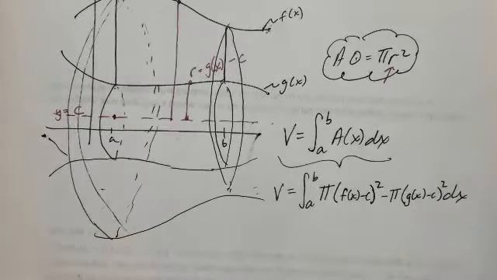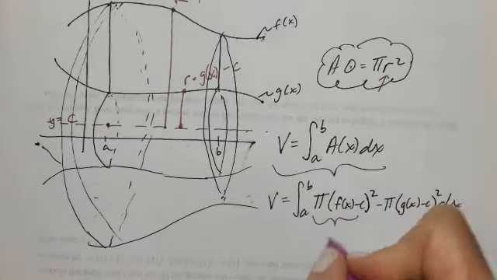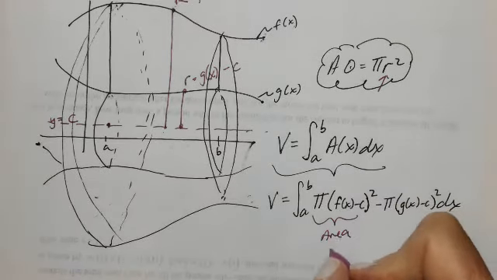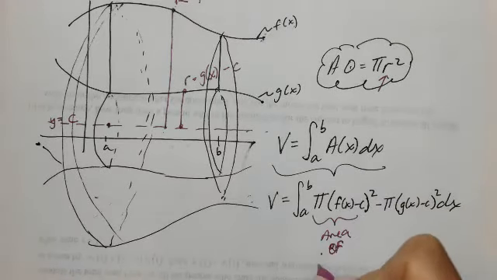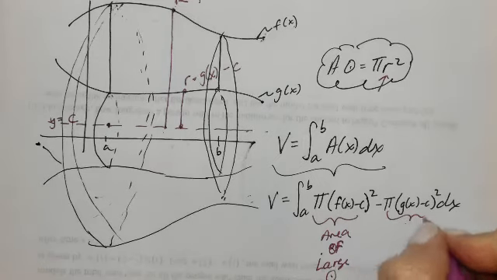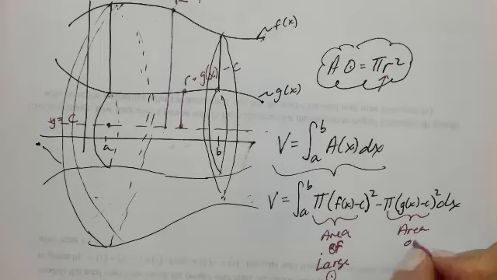Remember, this was the area of the large circle. And this was the area of the small circle that was a hole in our solid figure.